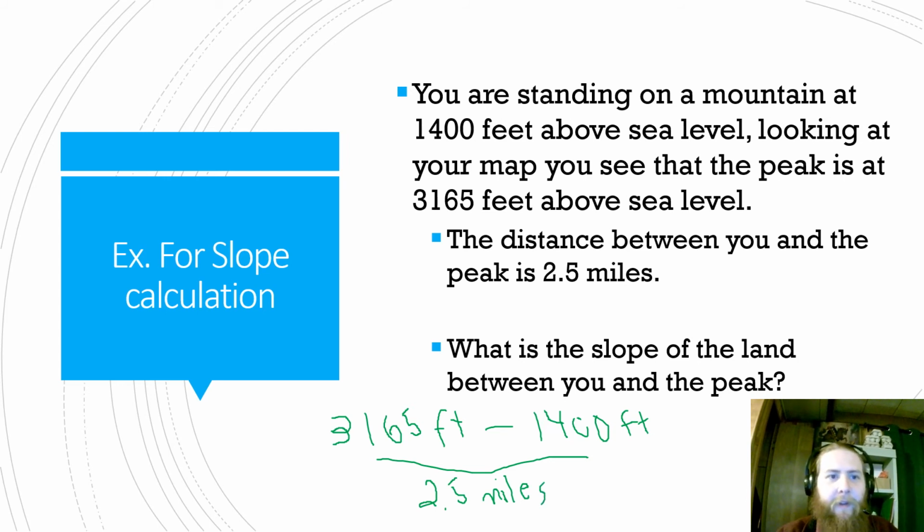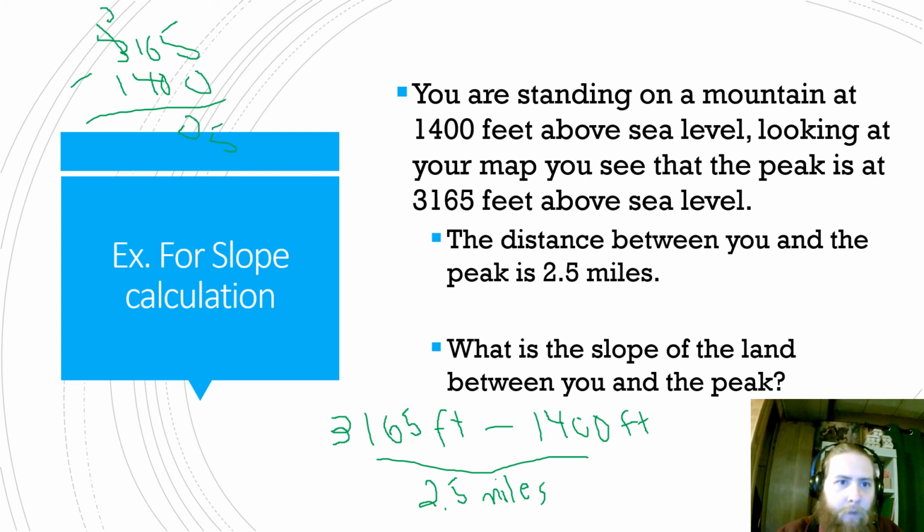And we're going to end up getting 3,165 minus 1,400, it's going to end up being 1,705.